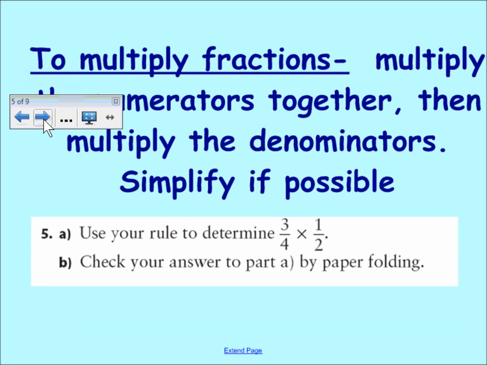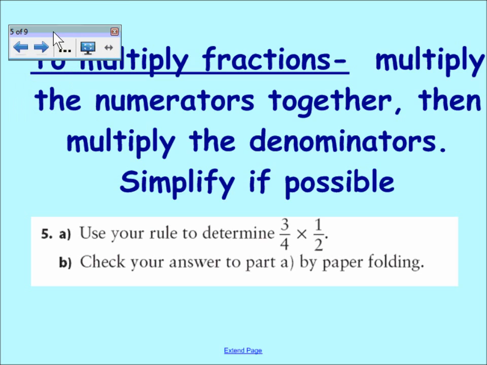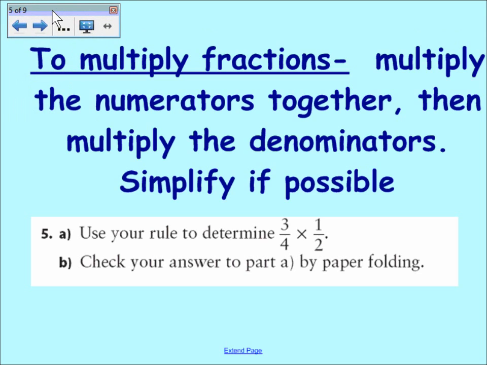So to multiply fractions, we multiply the numerators together, the top, then we multiply the denominators, or the bottom, and simplify as possible.